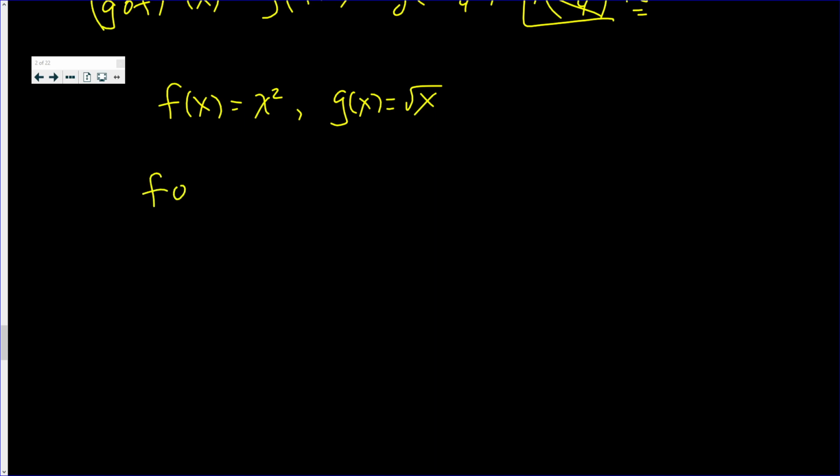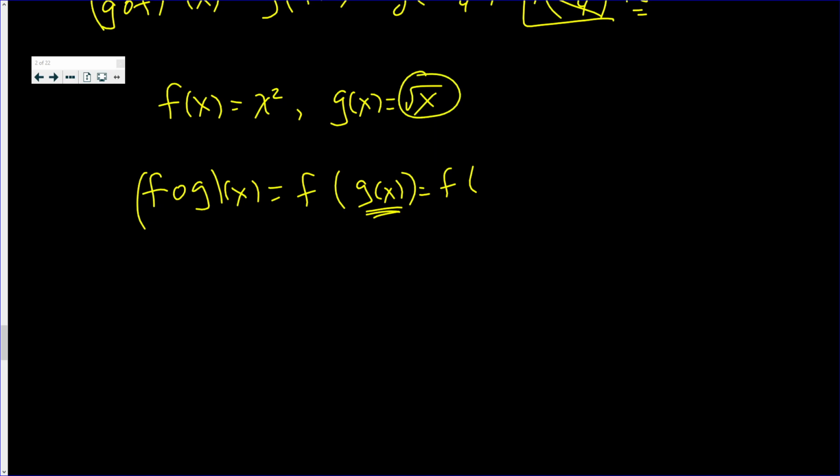If you compose f of g of x, it's f of anything that equals g of x, which I'm told is square root of x. And what does f do to what's in the brackets? It squares it. Well, if you have the square root of x and you square it, you get back x.